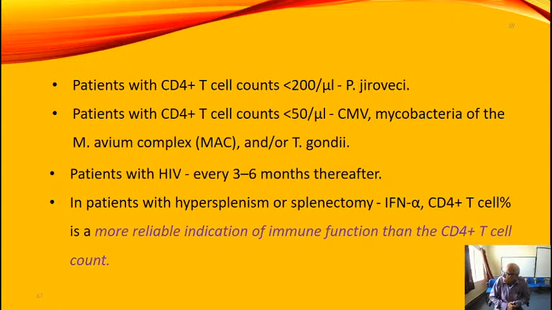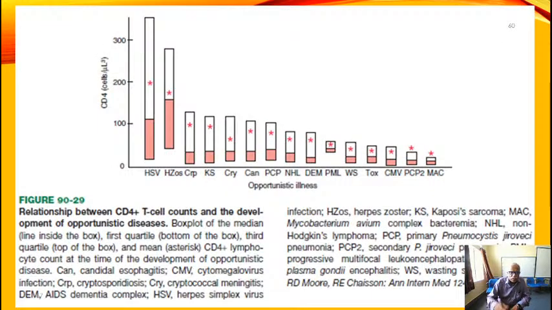Depending upon the CD4 count, to begin with, when the CD4 count falls below 500, you get just superficial fungal infections or some common viral infections like herpes zoster. But when it falls further, it can produce deep fungal infections or PCP pneumonia. We have specific infections which may appear at specific times.